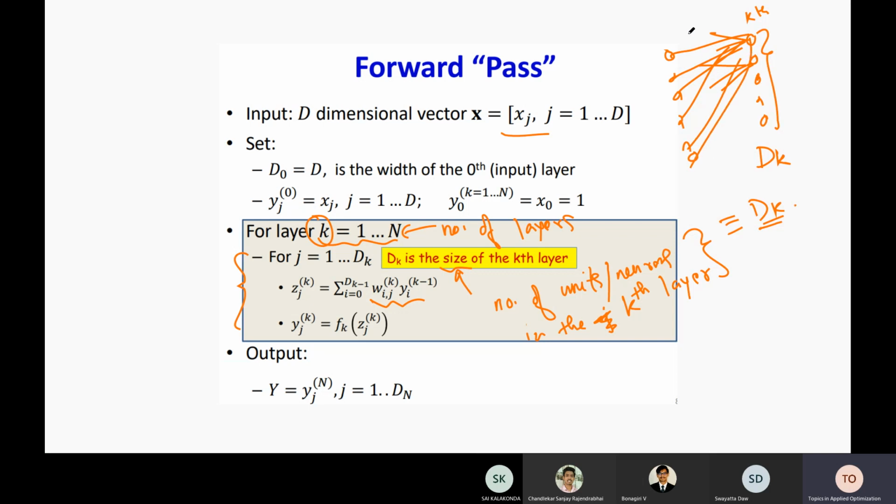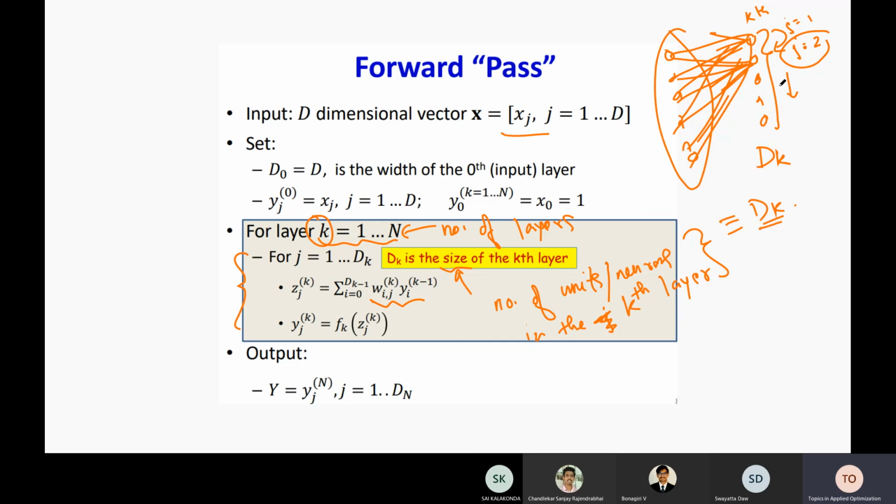So this weighted combination happened here, and then I move to the second neuron. So j equals 2, and this was j equals 1, and for j equals 2 I will again have a linear combination. Then j equals 3, up to j equals dk.